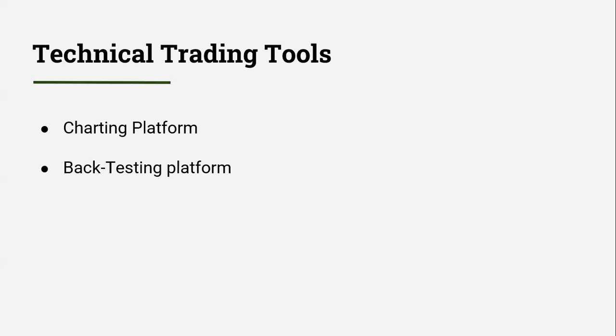Now, as earlier mentioned, the charting platforms are really important to a trader as they help you tell the price history of any particular pair. Without a charting platform, you wouldn't even be able to tell the previous price of a pair.